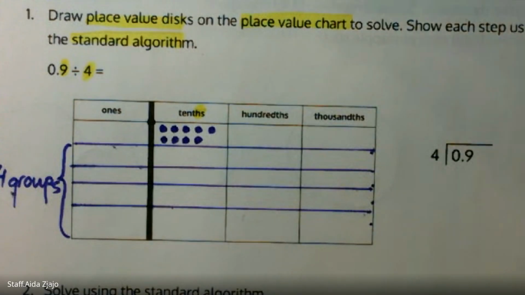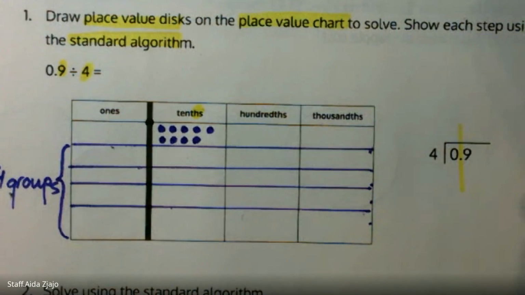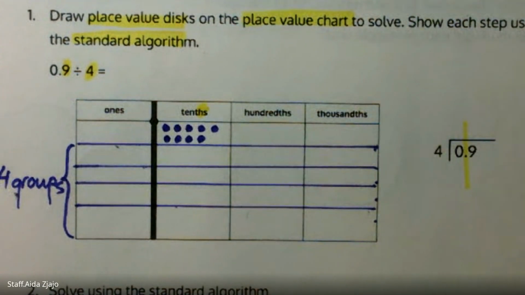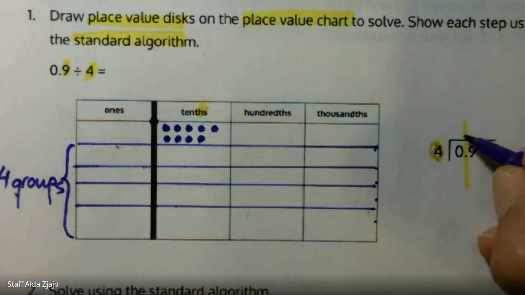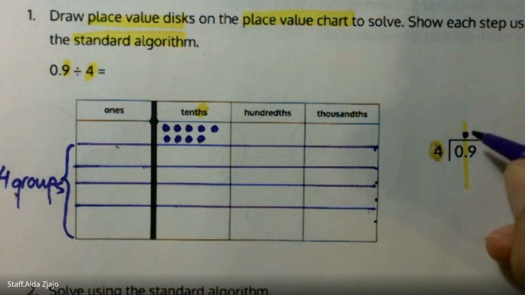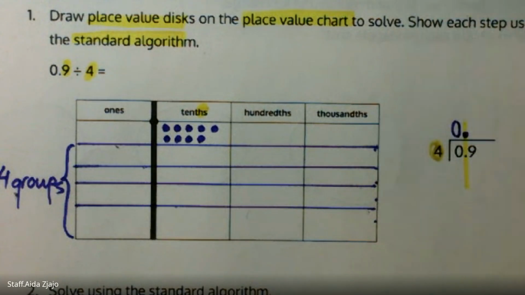So if you look on the standard algorithm here, you can think, your group is 4. You have 0 ones. So if you have 0, you cannot make any groups of 4.